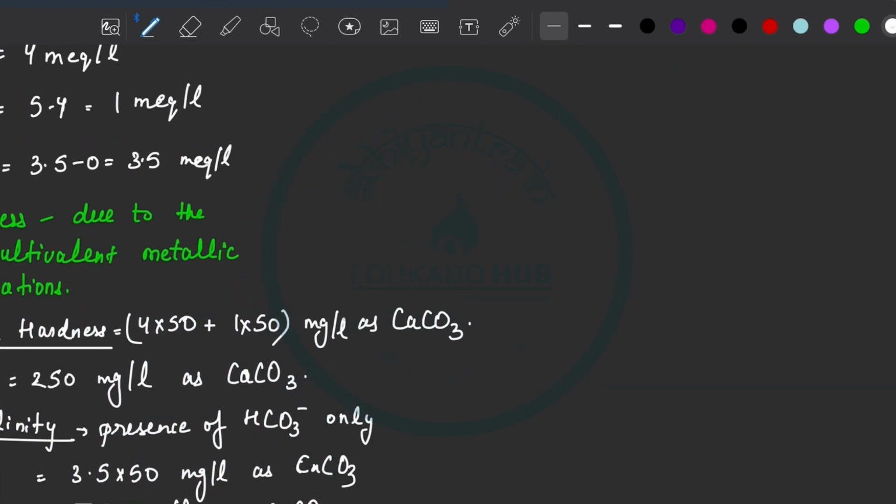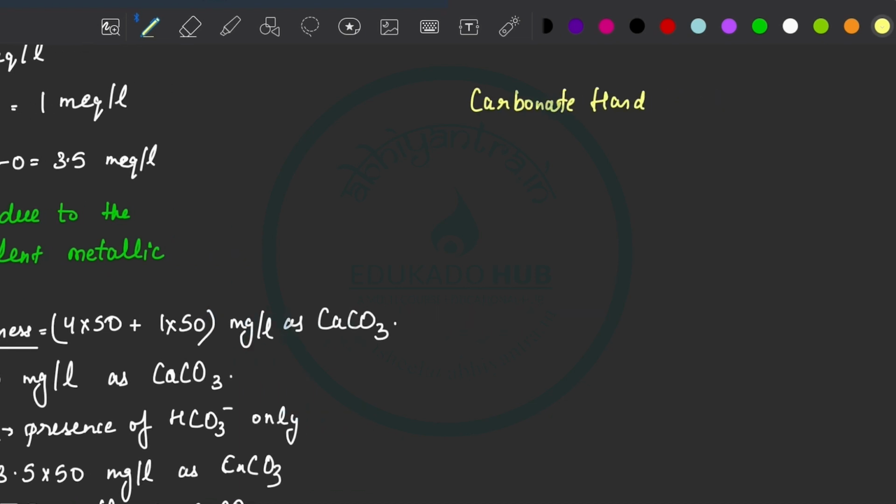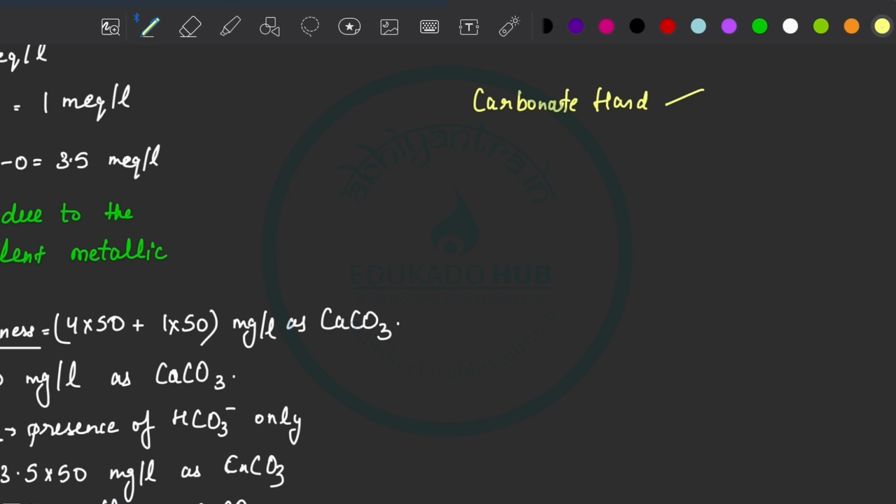Carbonate hardness is nothing but the minimum of total hardness or alkalinity.